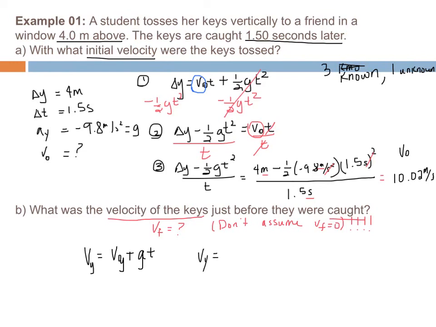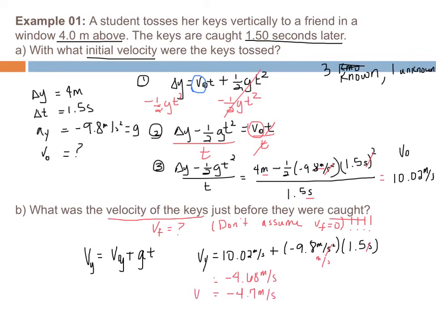So this becomes 10, I'll just put 0 too, negative 9.8 times 1.5 seconds. Again, my units work out, so that's good. You should get a final velocity of negative 4.68 meters per second. Negative 4.7 would have been fine too.